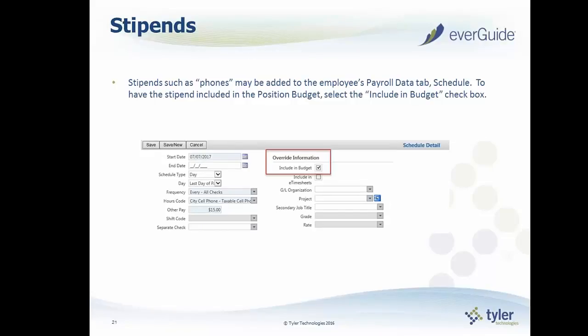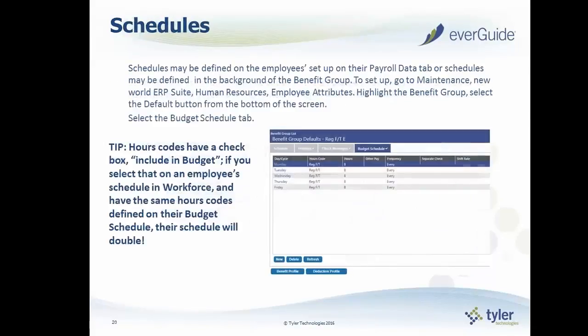So let's go back real quick. This is really important. If I have Include in Budget here, and if this was a regular hours code, let's go back one, and what if I use the budget schedule too, then it's going to double that hours code in position budgeting. It doesn't know that it shouldn't. It's depending on you to make the right choice.